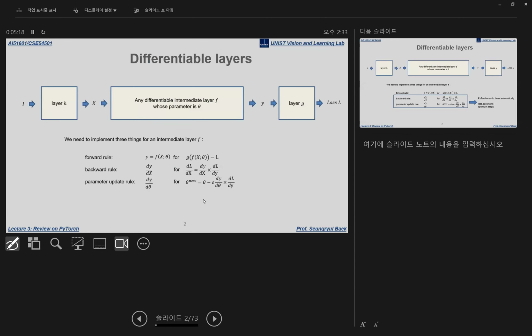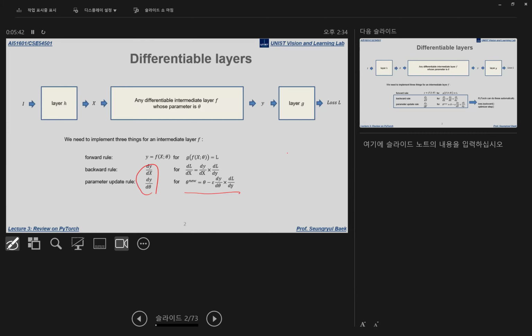Those differentiable layers have to have two types of gradient, which is the differentiation of the output with respect to the input and also with respect to the parameters. And this is the gradient descent algorithm that can iteratively update our parameters.